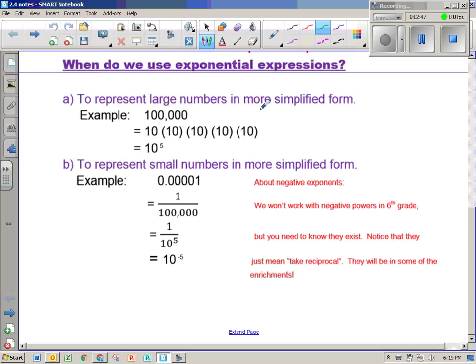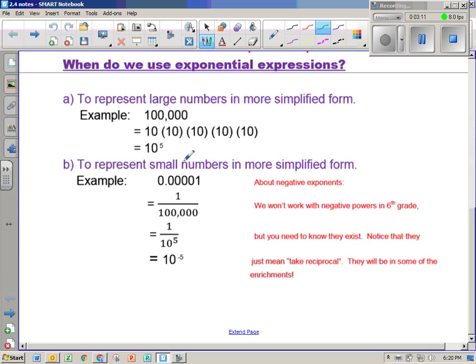The powers of 10 are very simple to write exponentially. 100 would be 10 squared. 1,000 would be 10 to the 3rd power. 10 to the 4th power would be 10,000. So the number of zeros actually indicates the power for powers of 10.